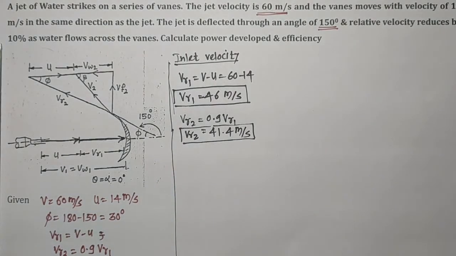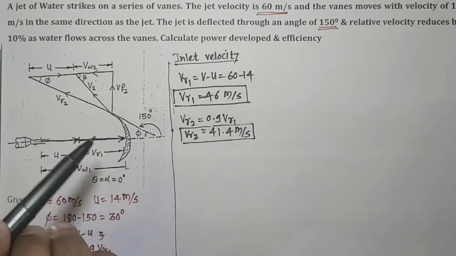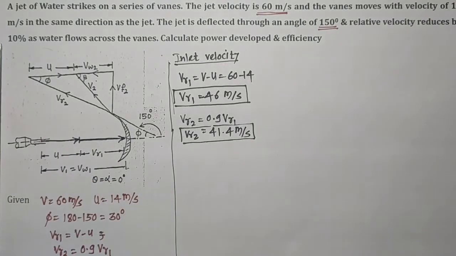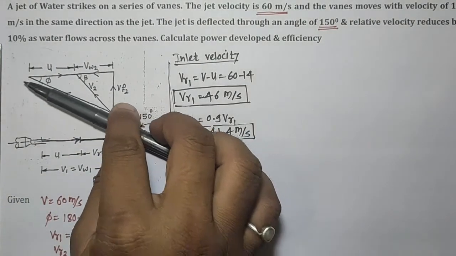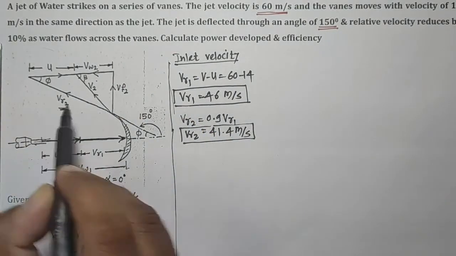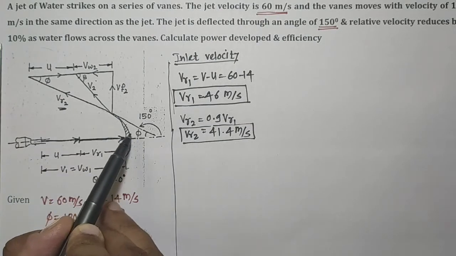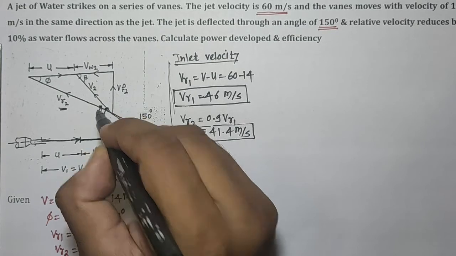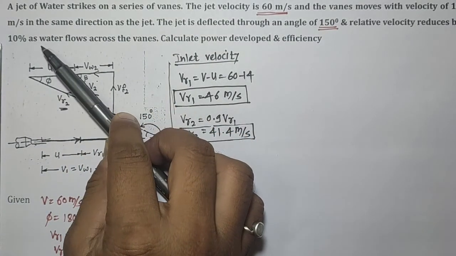Now the cos phi. From this diagram, let us consider the outlet velocity triangle. After exiting this vane, the jet is supposed to travel like this with VR2, following this direction by making an angle of phi. But because of forward inertia, forward momentum, the jet changes its direction like this, beta.